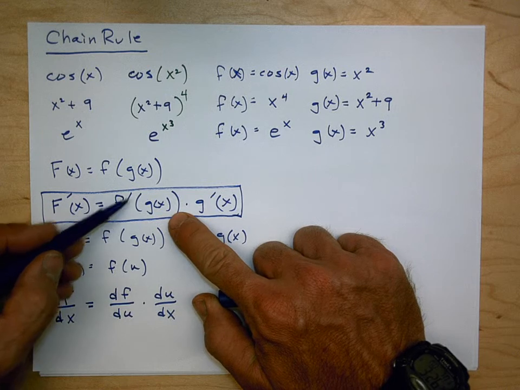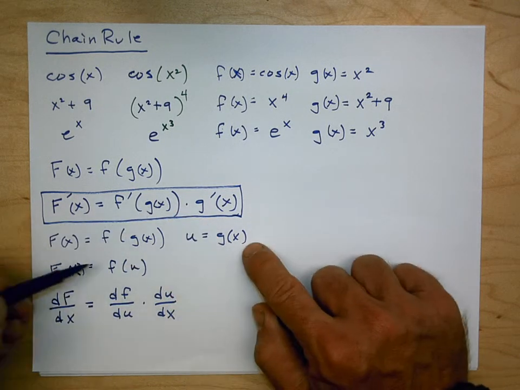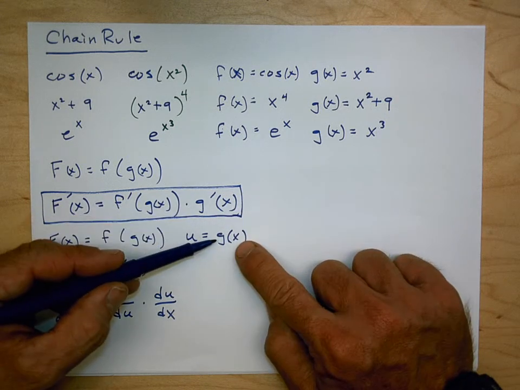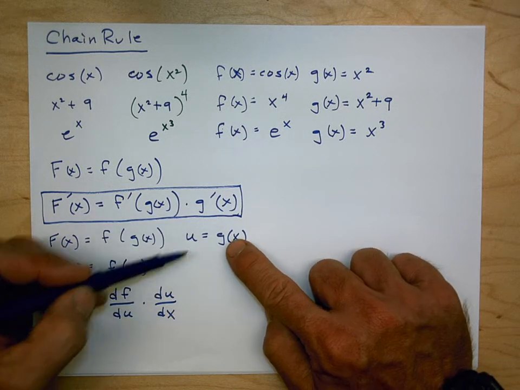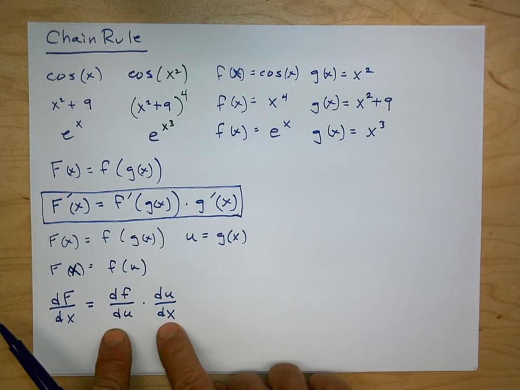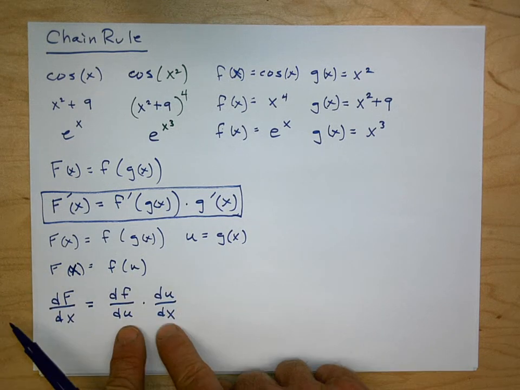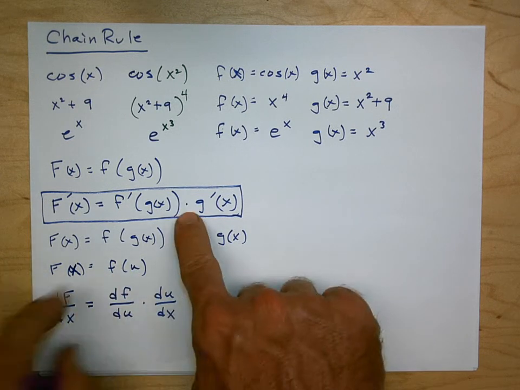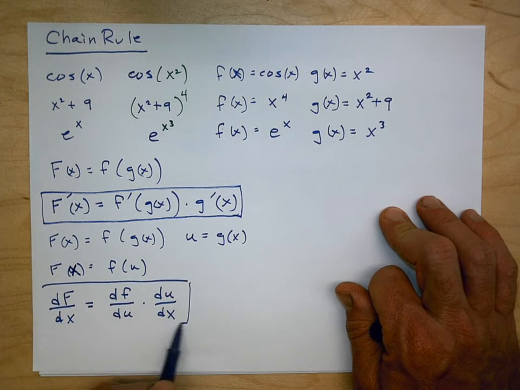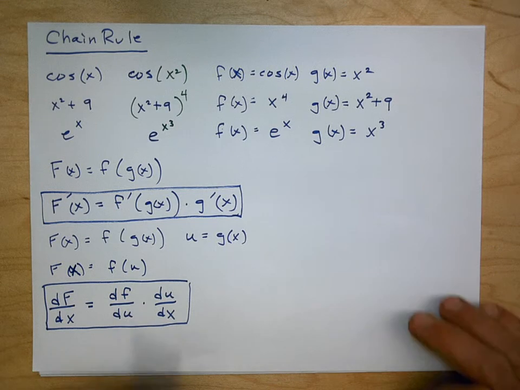We're taking the derivative of f and evaluating it at g of x, which is u in this notation, times g prime, which is du dx, if u equals g of x. So we're just doing this little substitution so that we can write it in terms of a multiplication, and this is a multiplication as well. Whichever notation makes more sense to you, either of these will get you there.